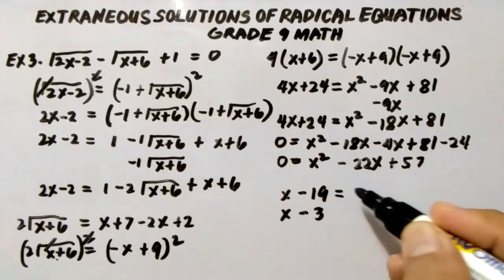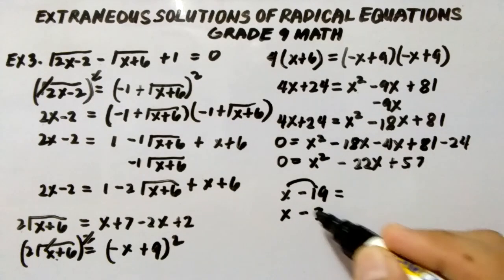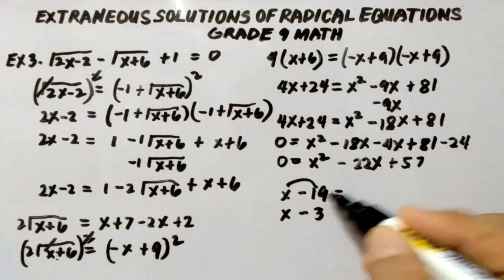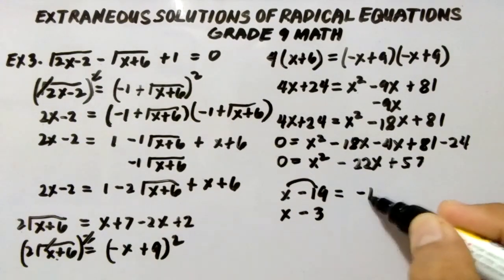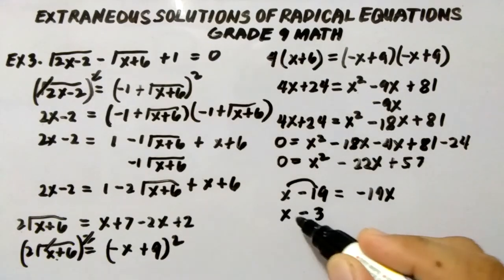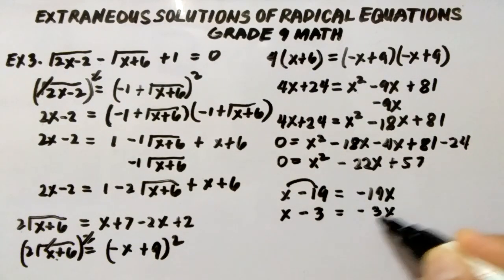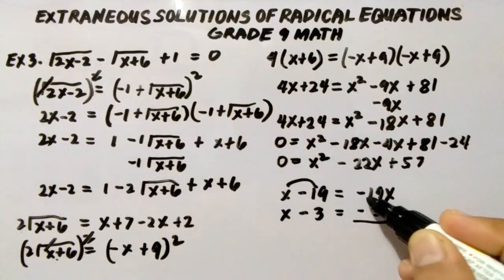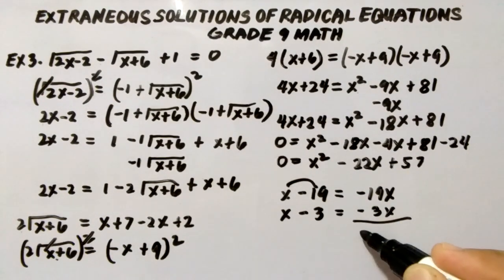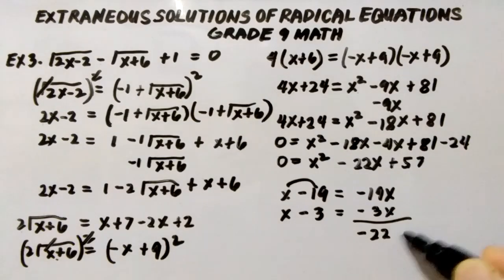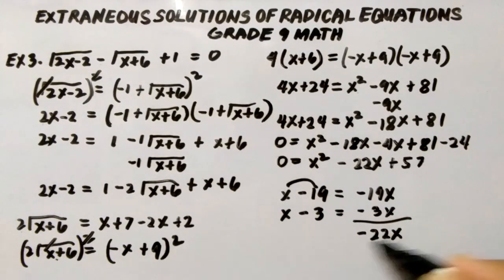Okay. So, equals, okay, so multiply po natin. X times negative 19, that is negative 19x. Then, x times negative 3, that is negative 3x. Then, i-add po natin. So, negative 19x minus 3x, that is negative 22x. Okay, so magkapareho po ba?